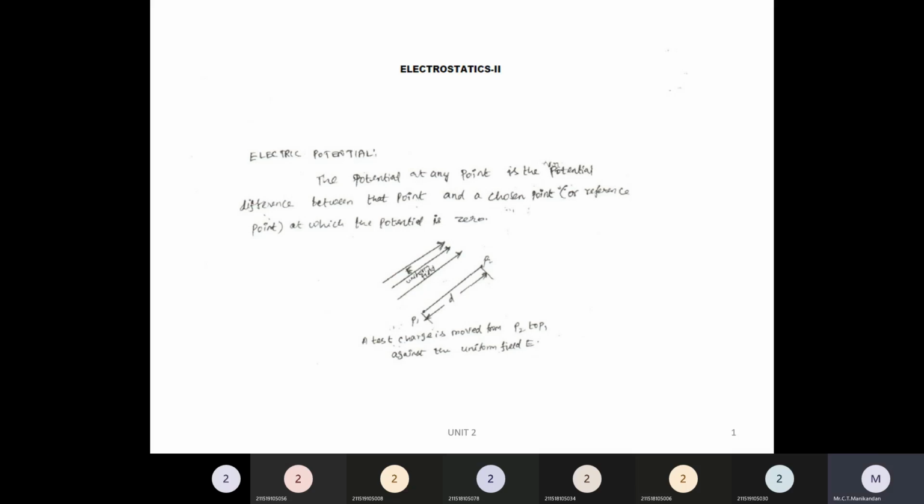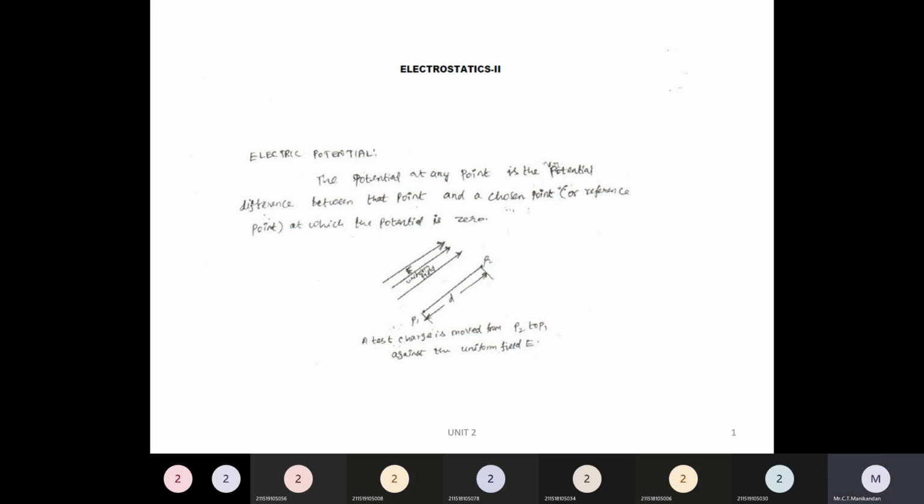Next one, potential. So far we have seen the electric field concept. Next, I am showing you the potential. So what is the potential? It's simply the potential difference between the point and the reference point, which is chosen where the potential is zero.